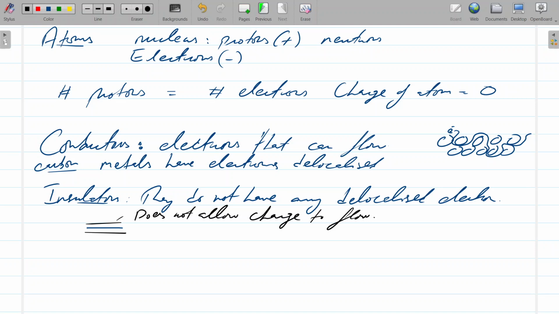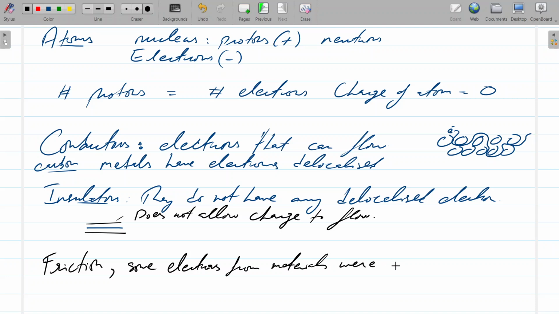But in the case of the first video, when that person rubbed both the thread-like plastic and the plastic rod with that cloth, what happened is, because of friction, right, some electrons from those materials were lost.